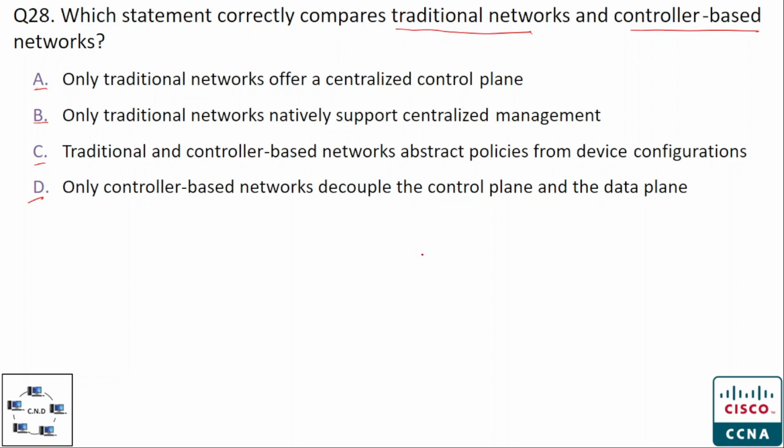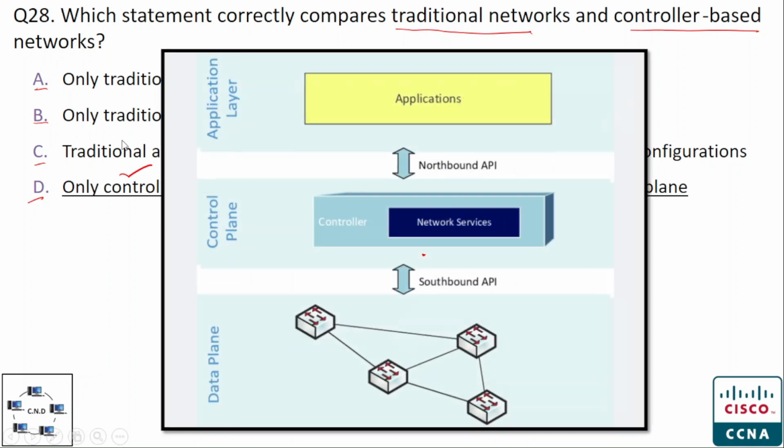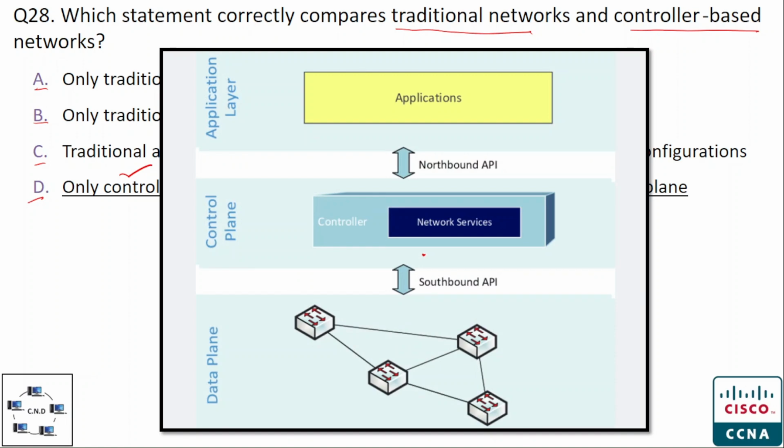And the correct option is option D, that only controller-based networks decouple the control plane and the data plane. So what does this mean? In SDN, which is the architecture of a controller-based network, the data plane and the control plane are decoupled or separated. They physically exist on different devices.